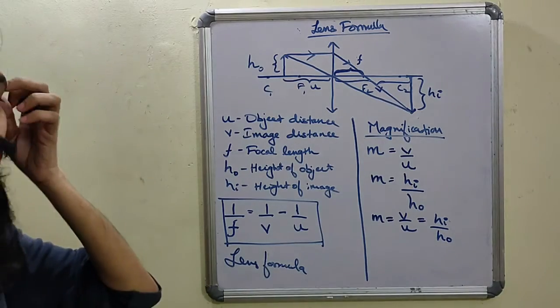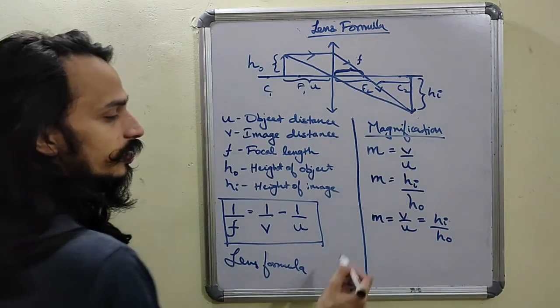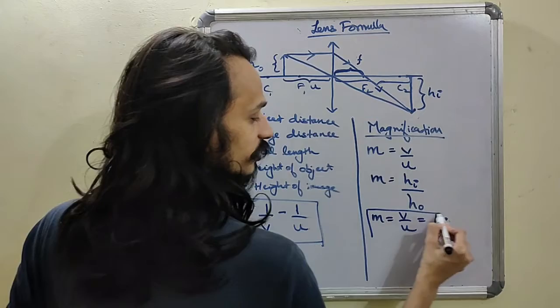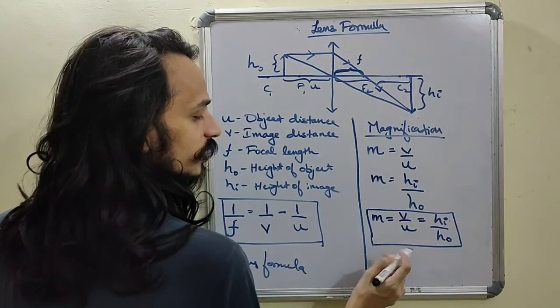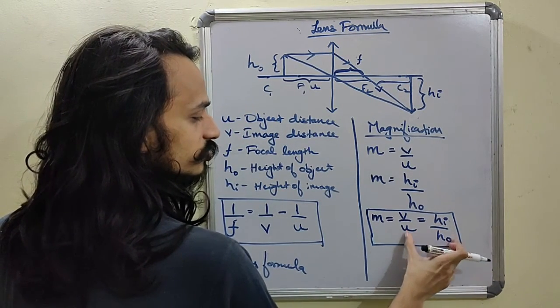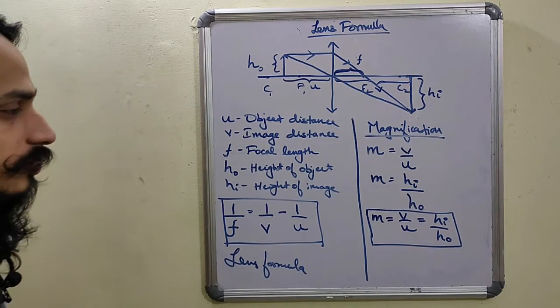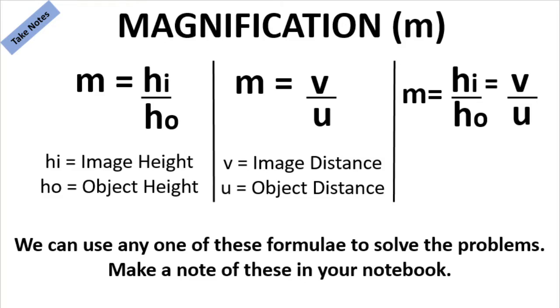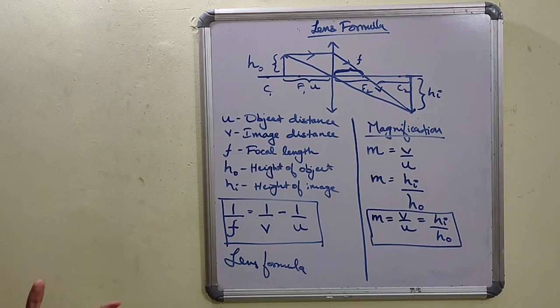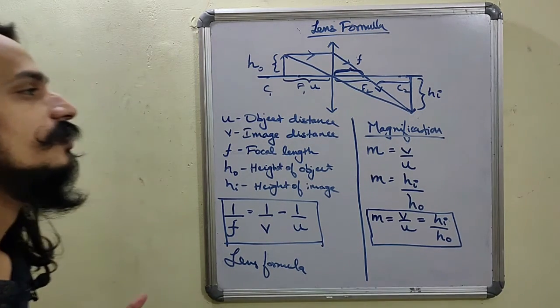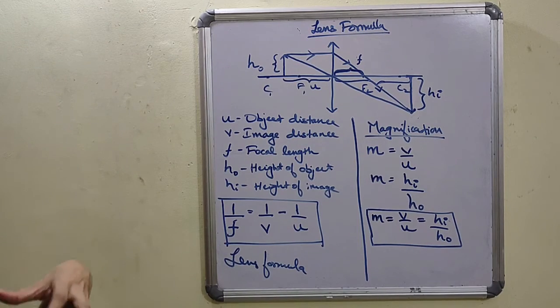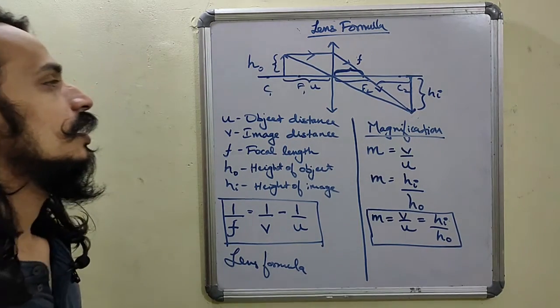You can use any combination depending on what information is given to you in the sum. Meaning I can use these two, or these two, or this and this. It's up to me. So these are the two formulae that we will be using when it comes to doing any sums.